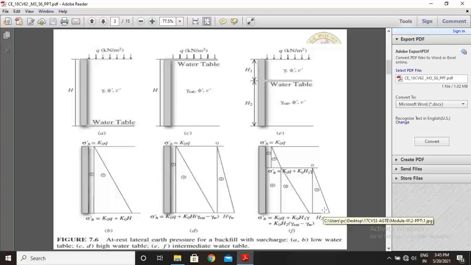Okay. So now, based on this concept, how to plot the pressure distribution diagram and how to calculate lateral earth pressure for the given height of retaining wall with soil properties is most important.